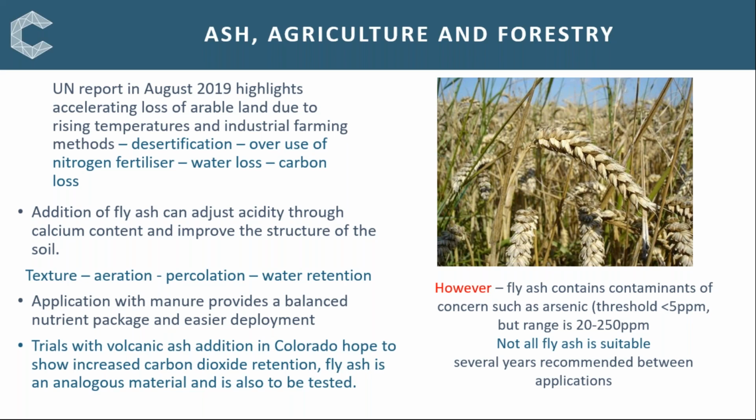This is of increasing concern and is the subject of a number of UN initiatives, where the fertility loss of soils is a concern, but also desertification is a concern. Fly ash can improve the texture, improve the soil in a number of ways.